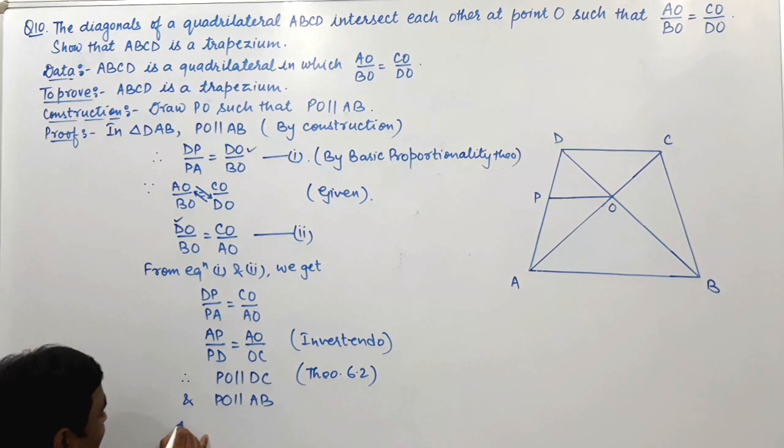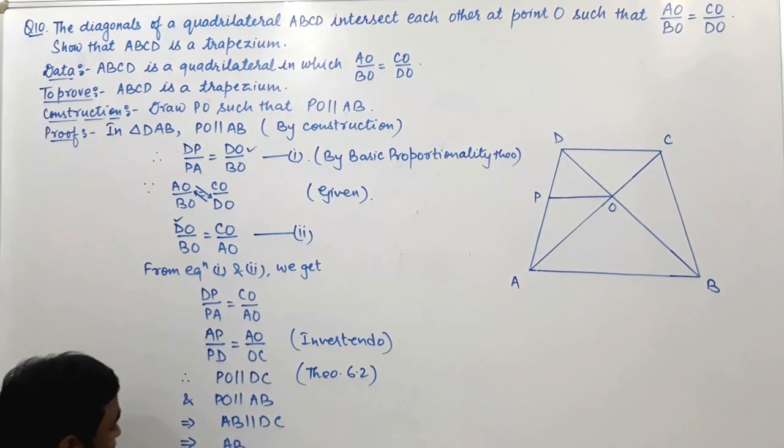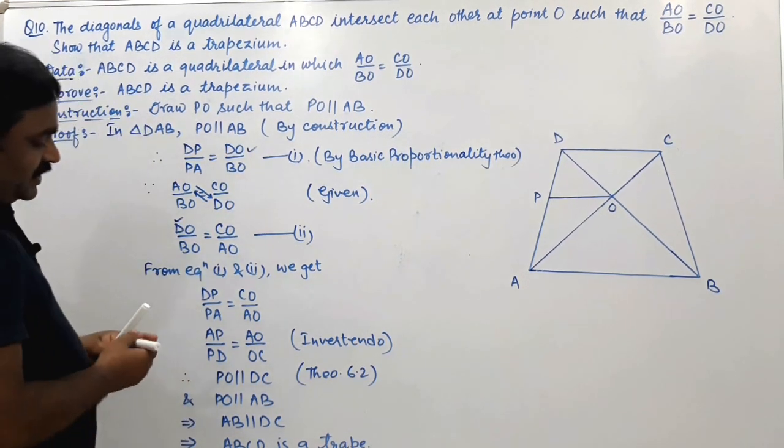Therefore you can say that this AB is parallel to DC. If AB is parallel to DC, so it can say that ABCD is a trapezium. Right friends, so we have proved.